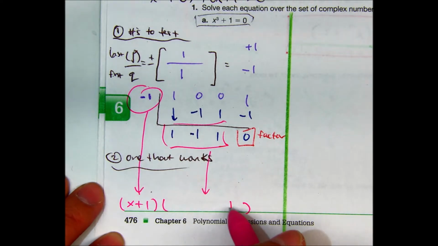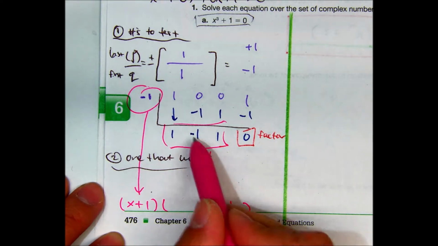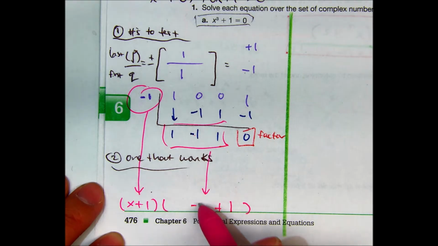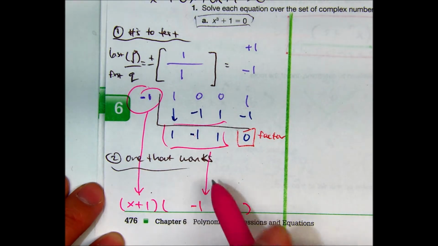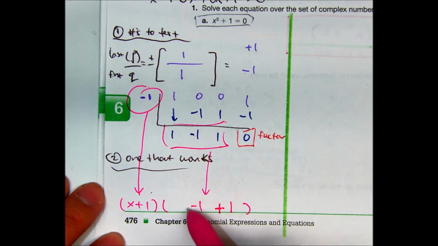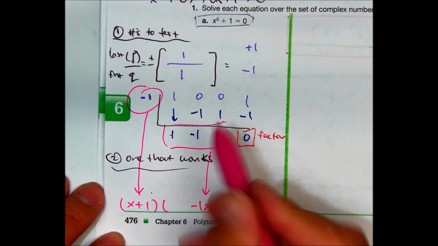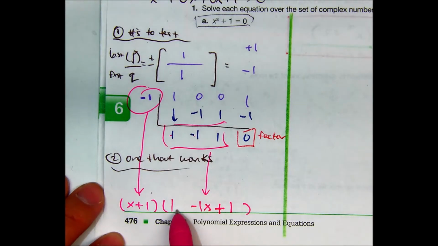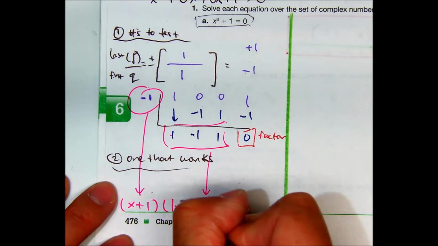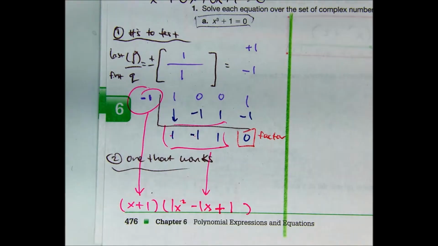Positive or negative? -1. -1 what? Raise your hand if you got that. Okay, so really what we did in this left column is we factored.